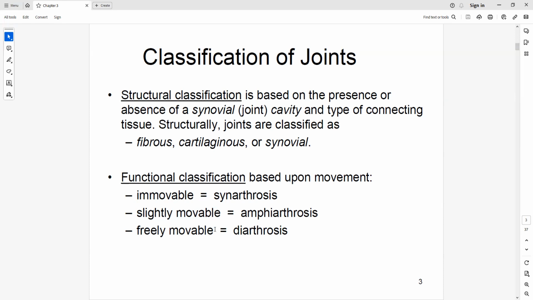And we'll be seeing, especially with the freely movable joints, that there's quite a bit of limitation on their movement, so it's not truly freely movable. But I'm getting ahead of myself. So bottom line, we'll be following a structural classification scheme, mentioning the ability of the joint to carry out movement.